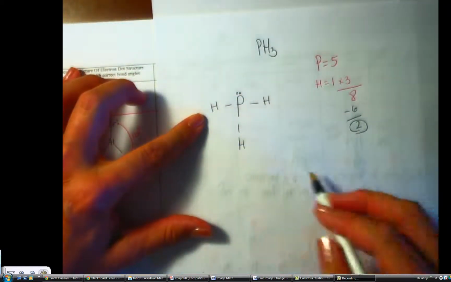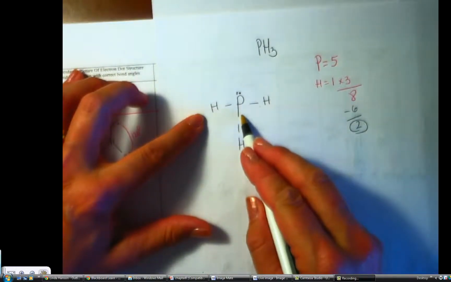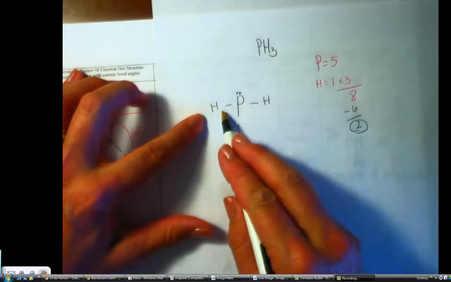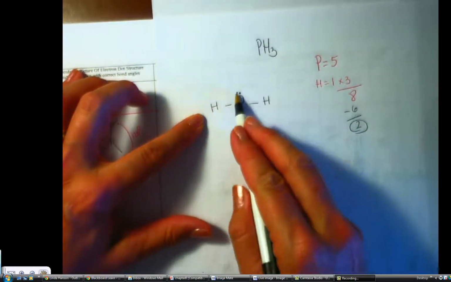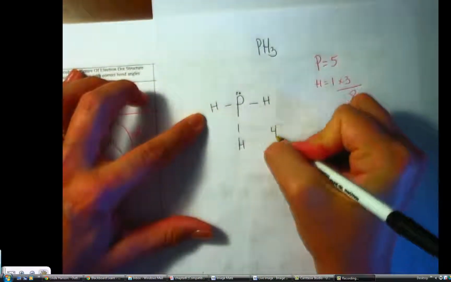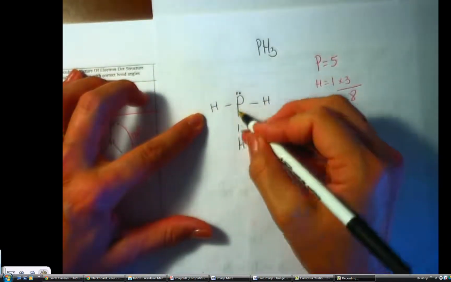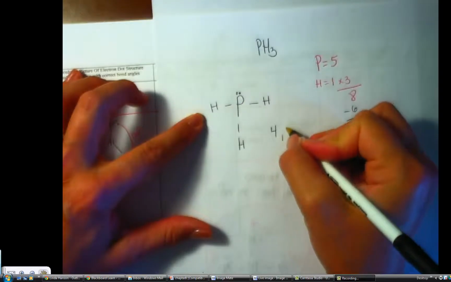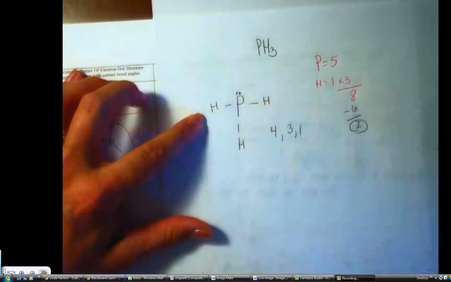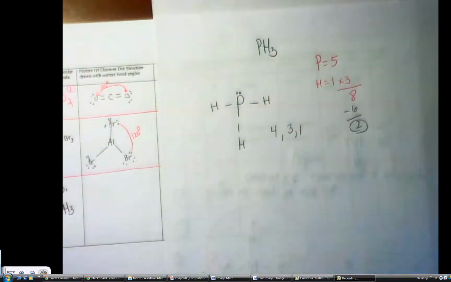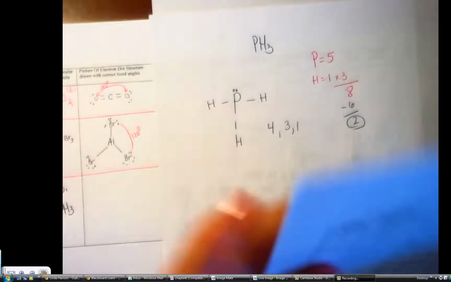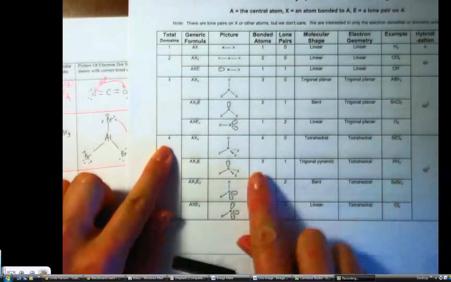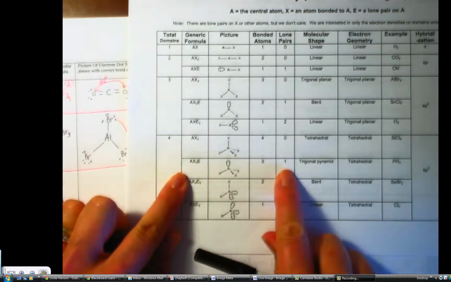So here we have a central atom of phosphorus with 3 bonded hydrogens and 1 lone pair. There's 4 domains: 1, 2, 3, 4. Of the 4 domains, 3 are bonded and 1 is not bonded. So on our VSEPR chart, we find 4 electron domains, 3 of which are bonded and 1 is non-bonded.